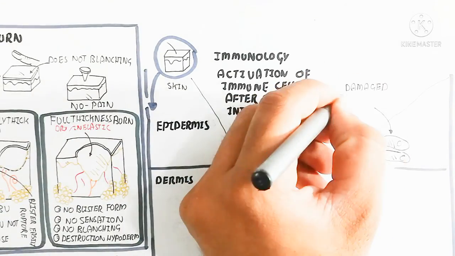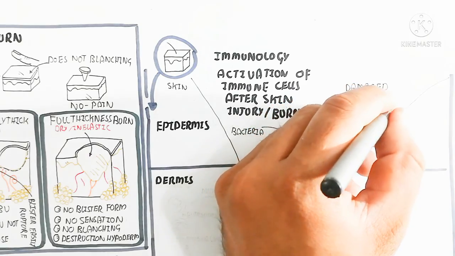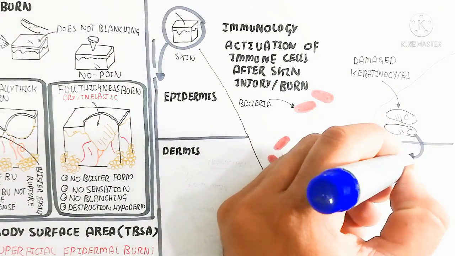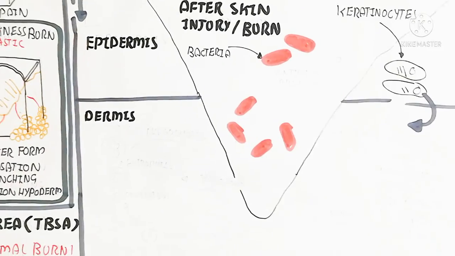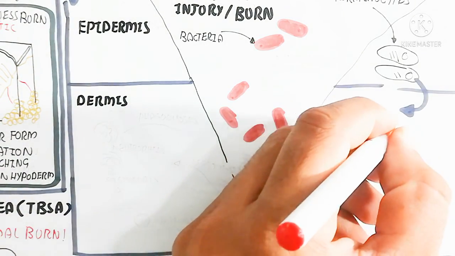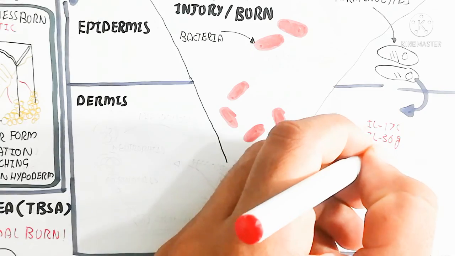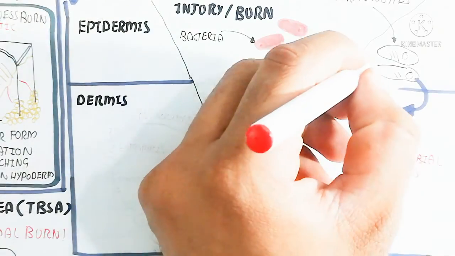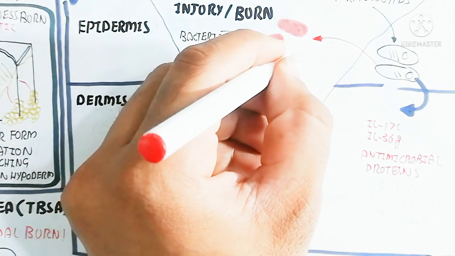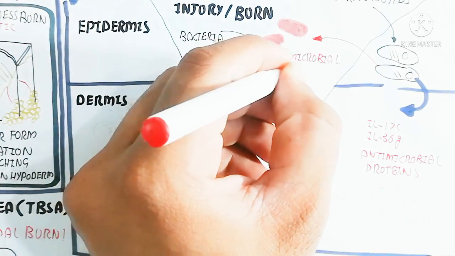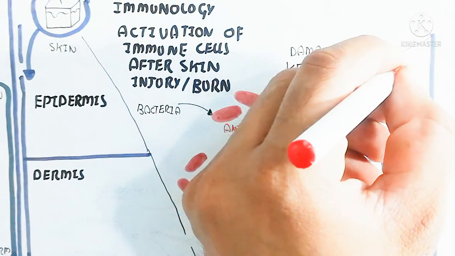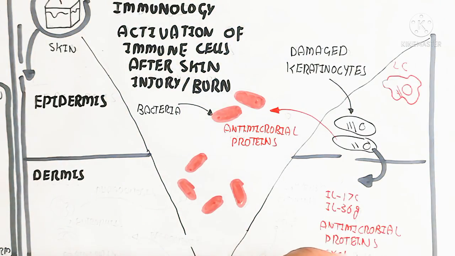So here is the damaged keratinocyte. This is the injury of the keratinocyte due to the heat. It will stay alive and produce cytokines. The cytokines can be interleukin 17C, interleukin 36G, and antimicrobial proteins CXCL9, 10, 20, interleukin 25, interleukin 33, and CXCL1, 2, and 8.